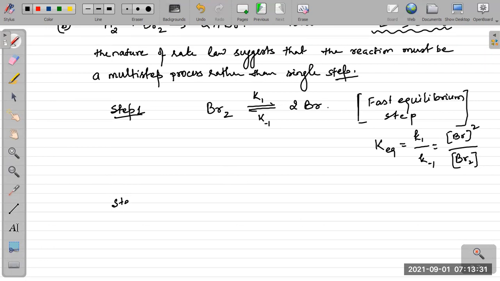Following it, the second step has been suggested to be H2 reacting with one of the Br to form HBr and H free radical, and this is the slowest step.